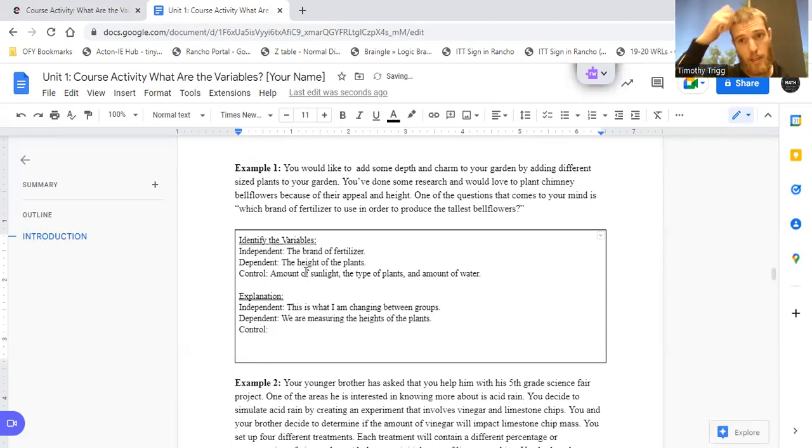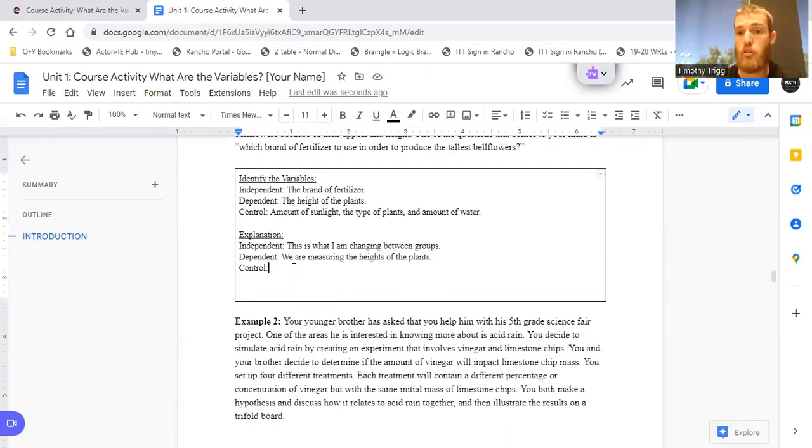And there might be more control variables. If you could think of more that you want to be the same between groups, then you can list those as well. So what makes these control variables? All of the groups should have the same. And I'll just copy this right here. Copy, paste.